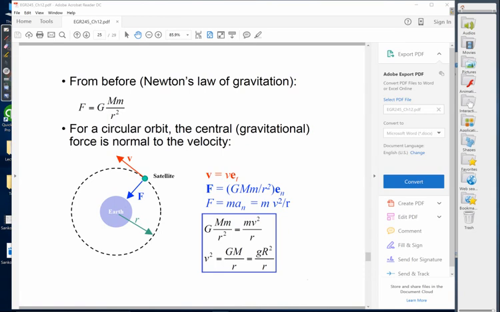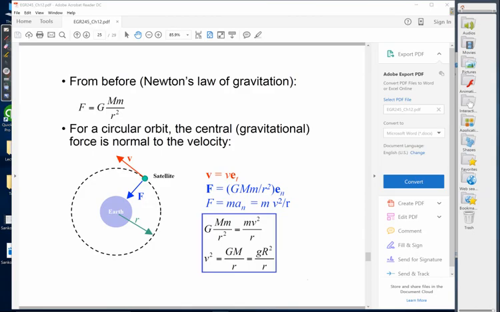What this tells you is that if there's a satellite that I want to place in a circular orbit at a certain distance above the Earth, then I cannot choose the velocity of that satellite. I have to plug in the distance that I want into this equation, and this equation will tell me exactly how fast my satellite has to move. Likewise, if I have a satellite that has a certain velocity and I want to place that into a circular orbit, I cannot choose how far from the Earth I put that satellite.